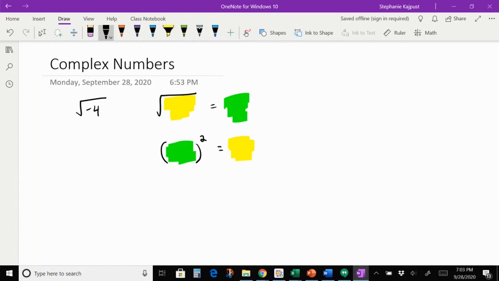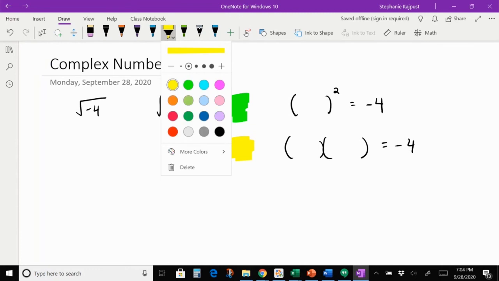And when you have something with a negative inside, like the square root of negative 4, you're saying, okay, what squared gives me negative 4? And that's where you have a problem, because the thing squared has to be multiplied by itself to get a negative 4.